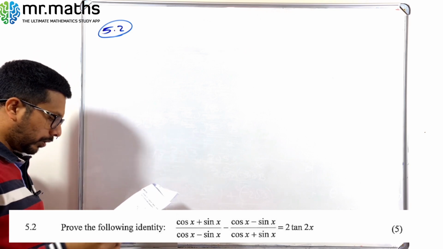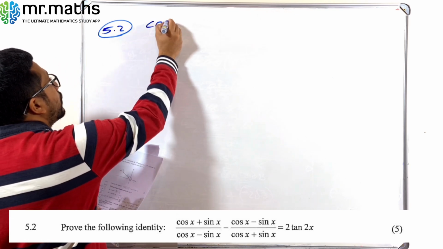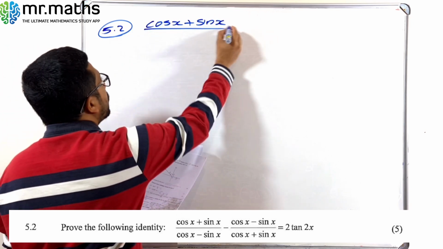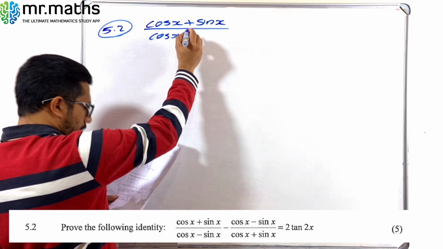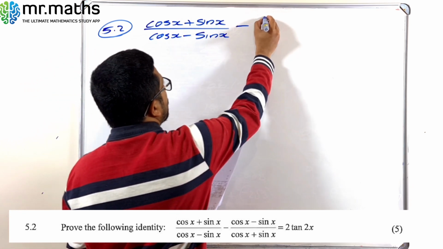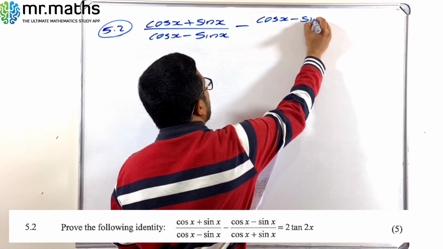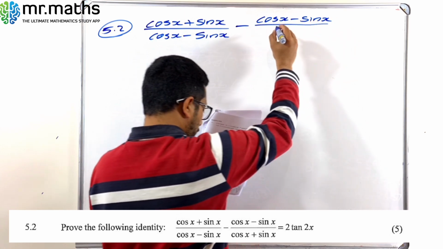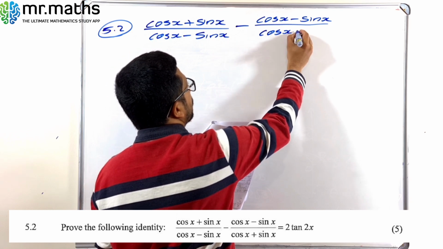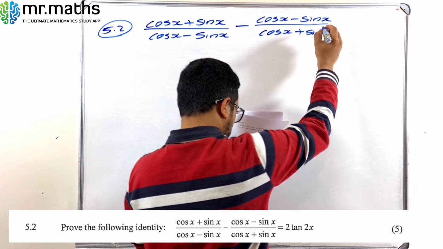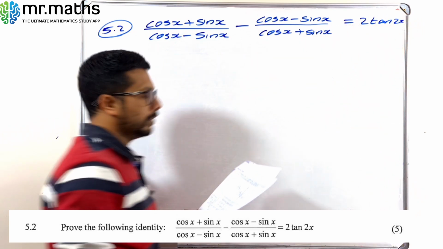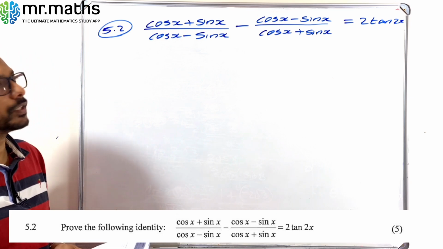Prove the identity: cos x plus sin x divided by cos x minus sin x, then minus cos x minus sin x divided by cos x plus sin x, is equal to 2 tan 2x. So you have to prove this, left side is equal to right side.